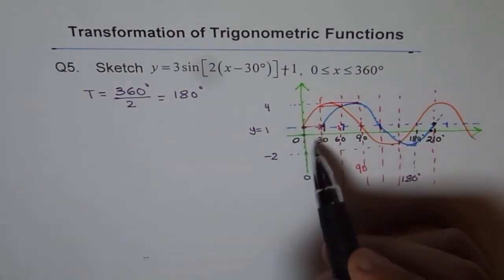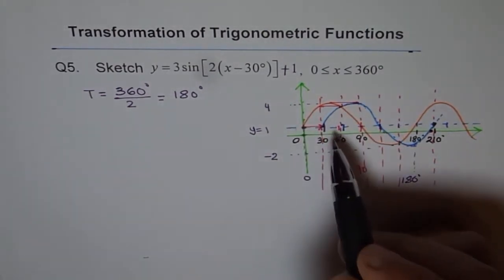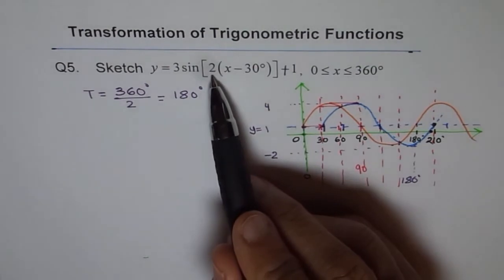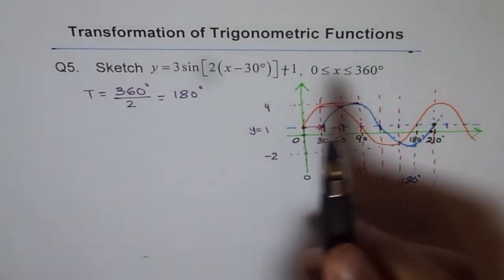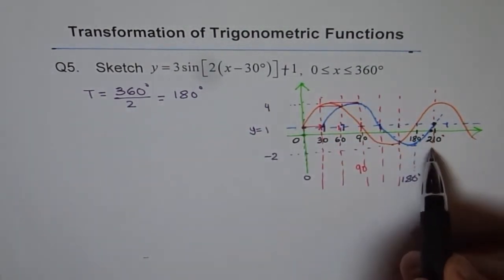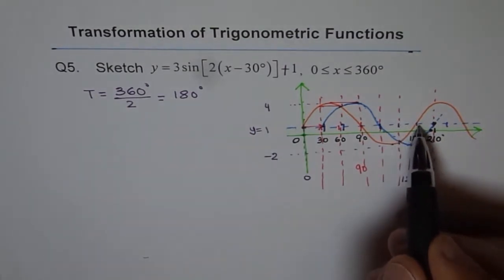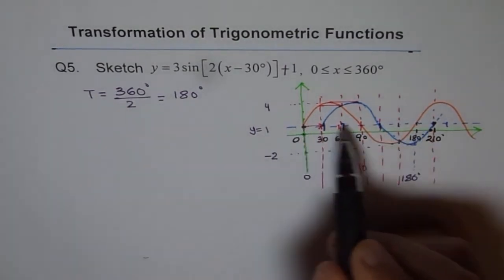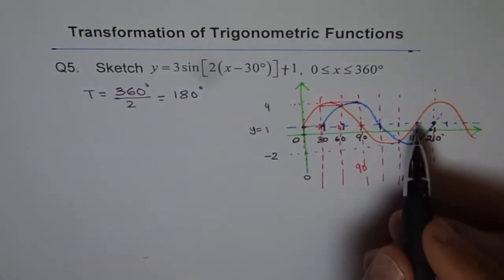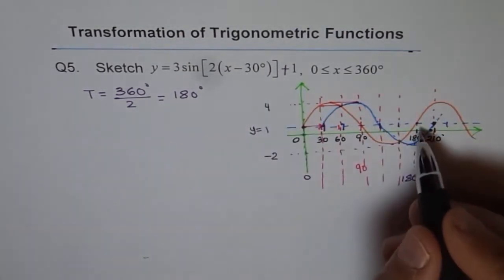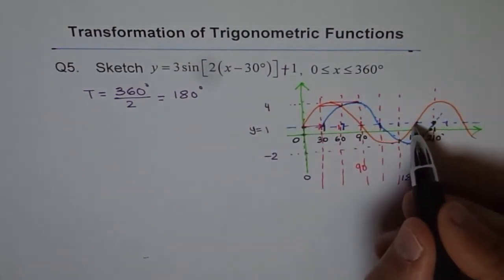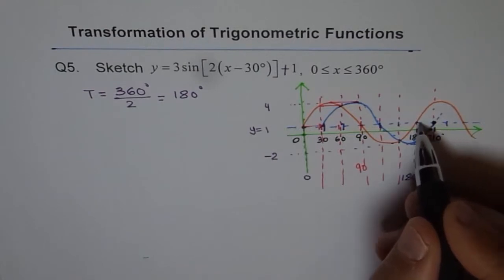So we get those points, maximum, minimum points, and then we find the time period. 360 divided by 2, so we know from starting to end, the wave will be 180 degrees, which was from here to here, correct? 180 degrees. Now, shift of 30 means the wave will really end up 30 degrees ahead of it, right of it.